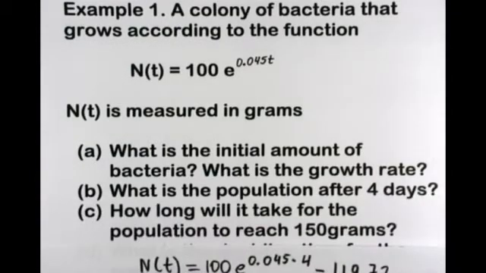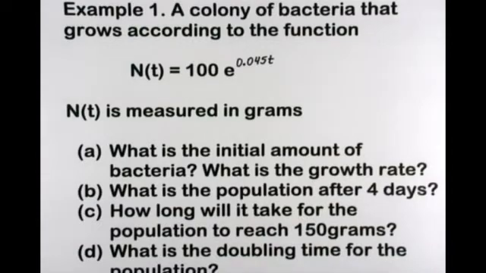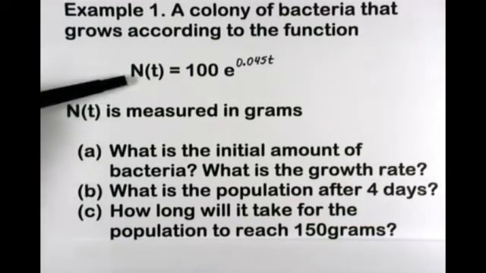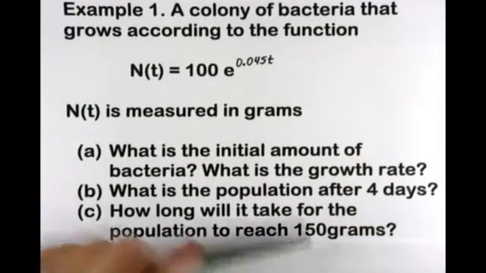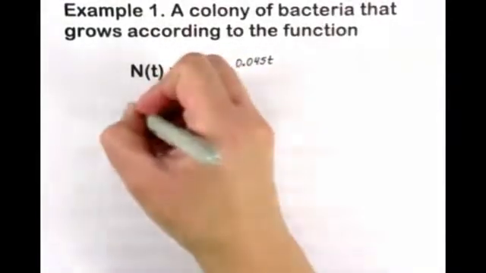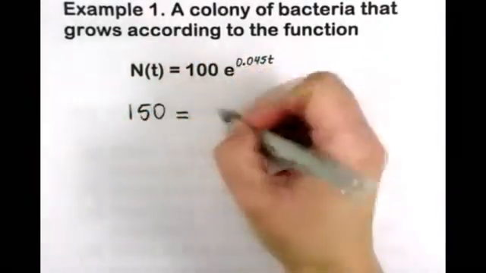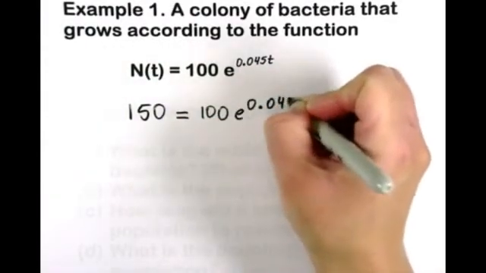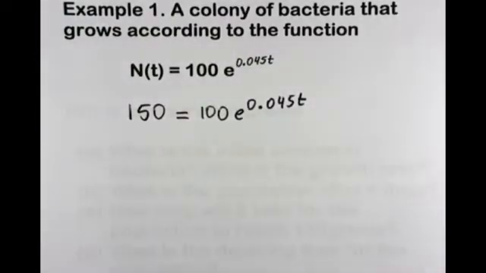Now we have C. How long will it take for the population to reach 150 grams? We start with the formula, and the final amount is 150 grams. So 150 = 100 e^(0.045t), and we need to solve for t.